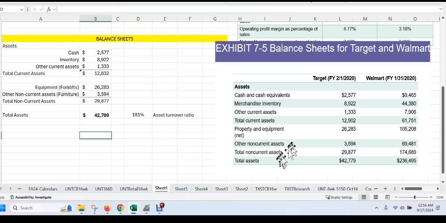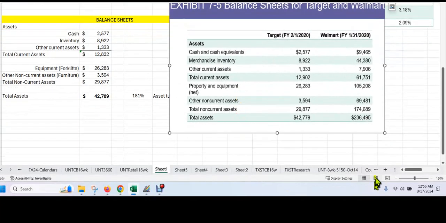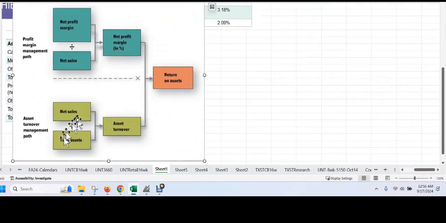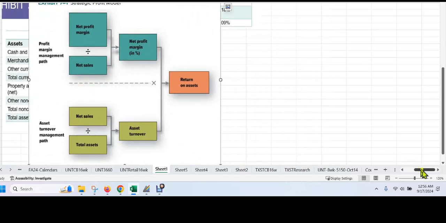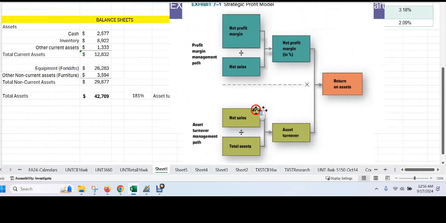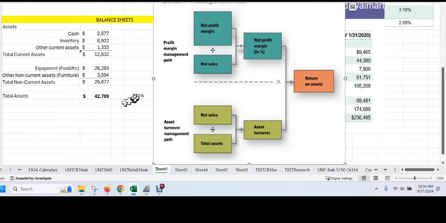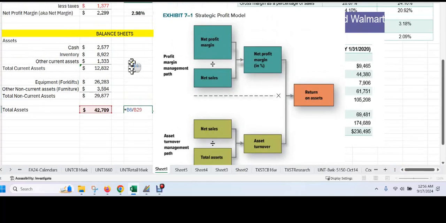All right, so now let's look at our strategic profit model. Let me come over here and grab that again. It says we need to have net sales, and we need to divide that by total assets. Okay, if you can type, you can do this. So let's take a look at where we have net sales.